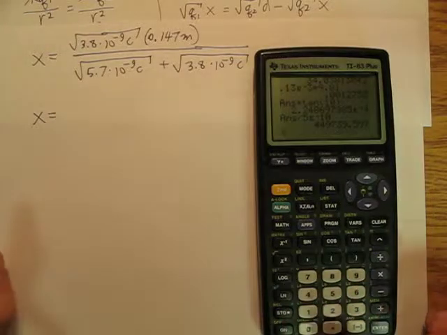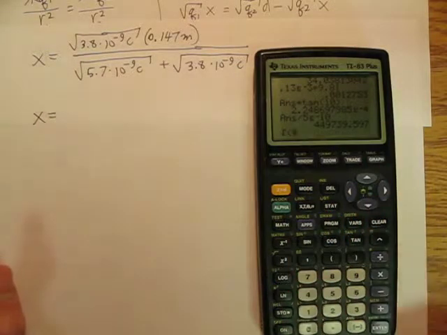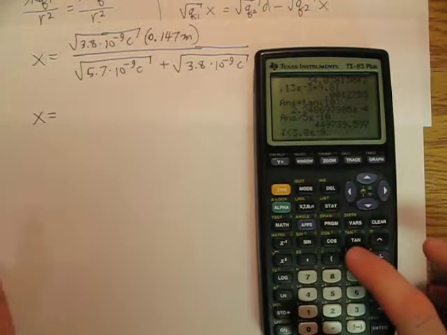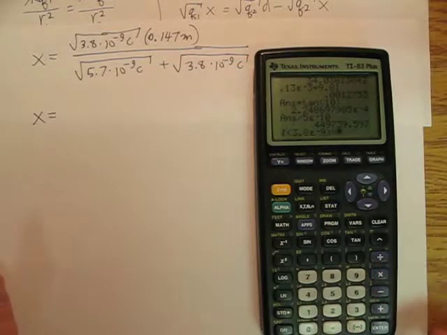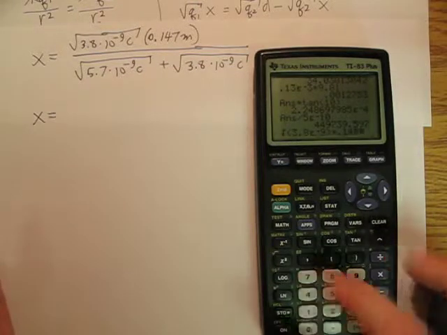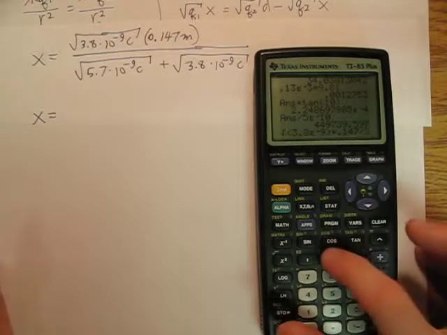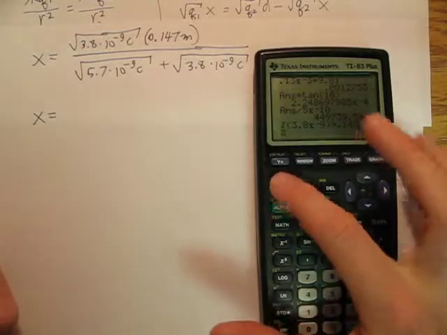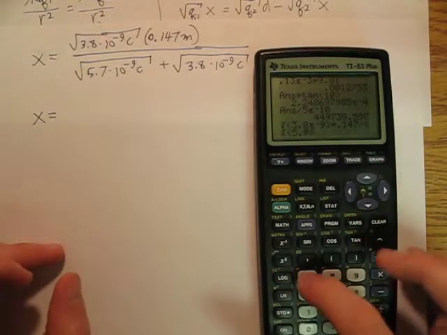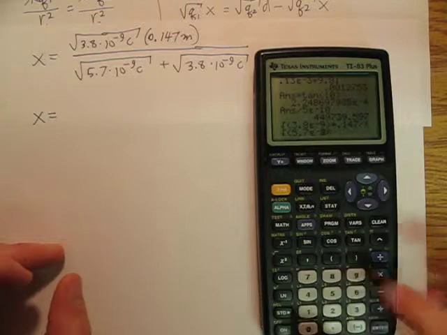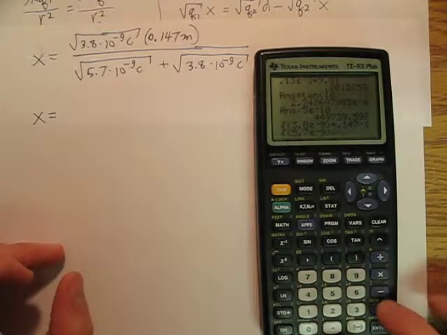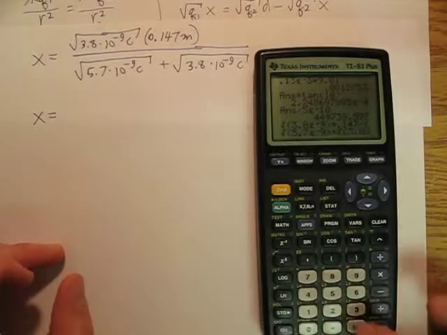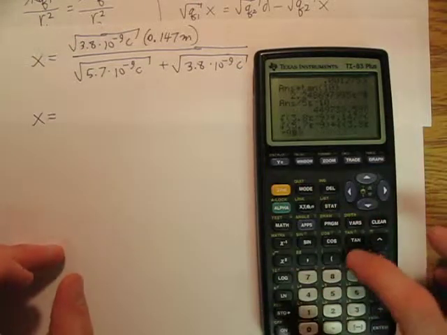So, square root, 3.8 second EE negative 9, close that square root, times 0.147 divided by, now I need to open a set of parentheses because I've got a plus sign in my denominator, square root of 5.7 second EE negative 9, close that parentheses, plus square root of 3.8 second EE negative 9, close that parentheses.